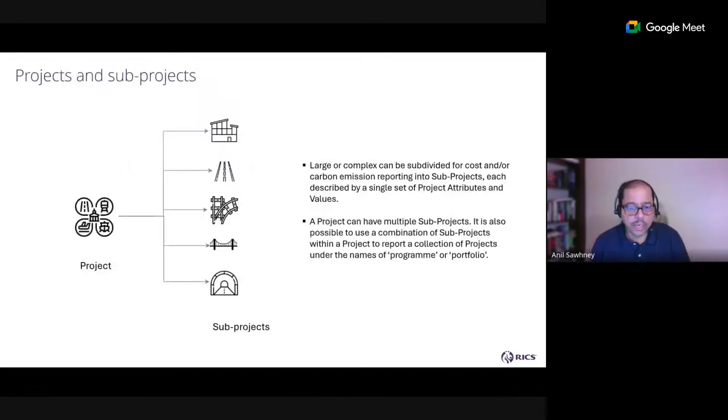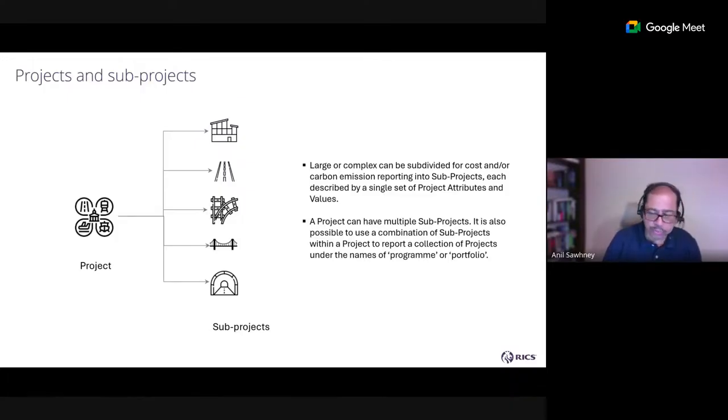You can also create projects and sub-projects. So you can have large or complex projects that can be subdivided for cost and carbon emission reporting into sub-projects and described by a single set of project attributes and values. You can also capture large portfolios and programs through this approach of sub-projects.